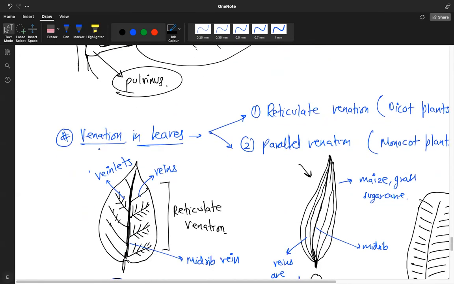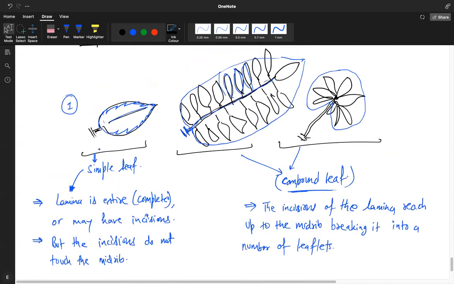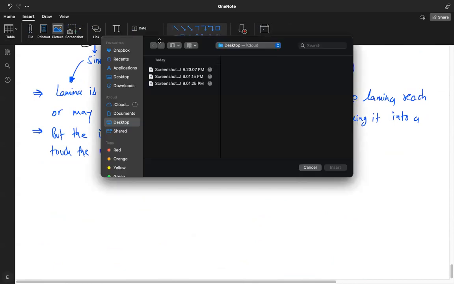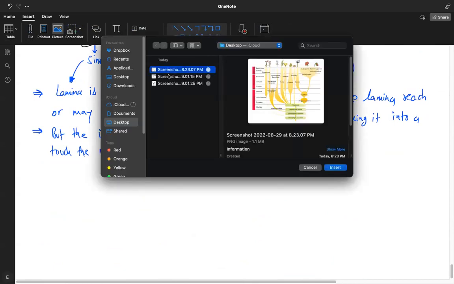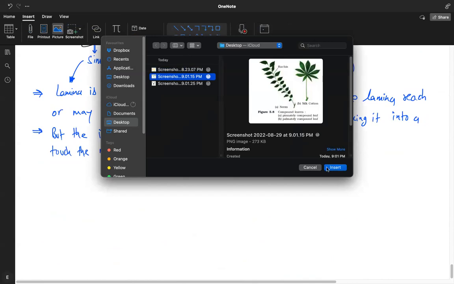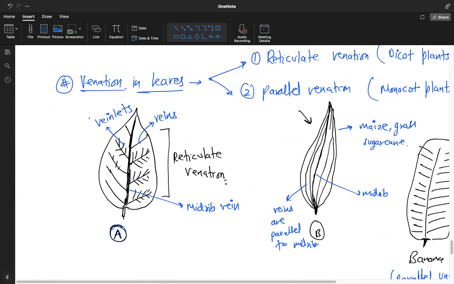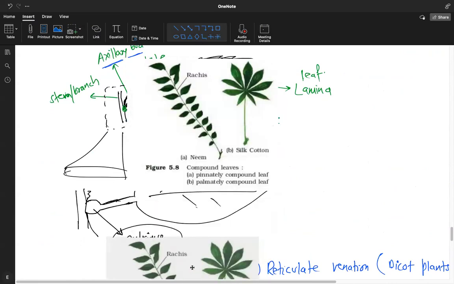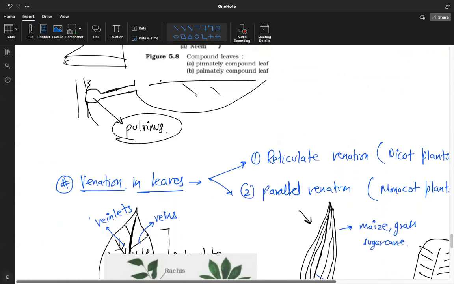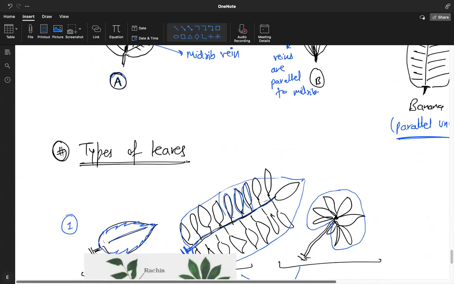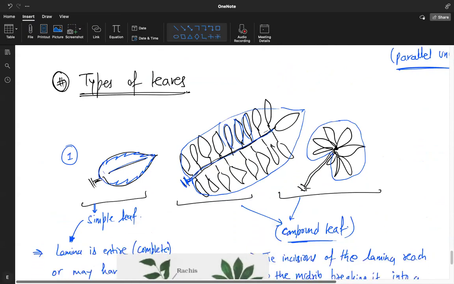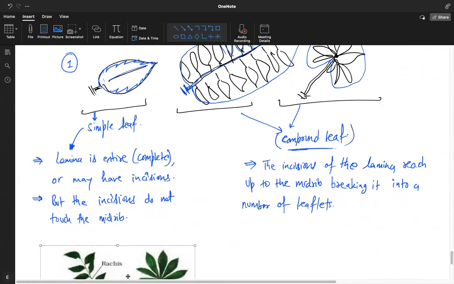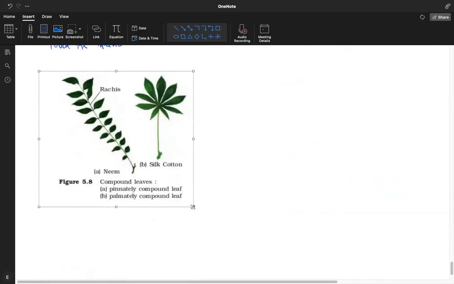Yes. But in case of leaflets, let me insert a picture from your NCERT that will help me explain this case better. Do you see this picture? Can you see this picture, both of you?